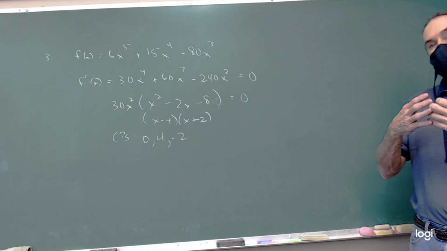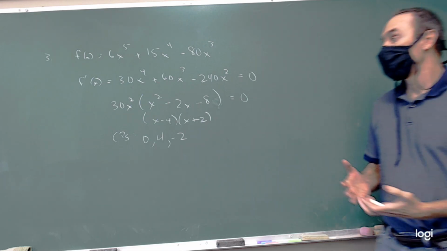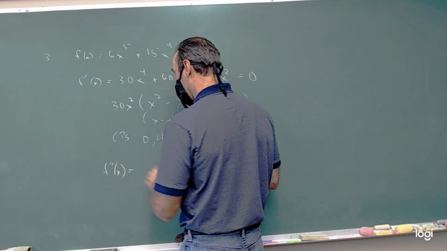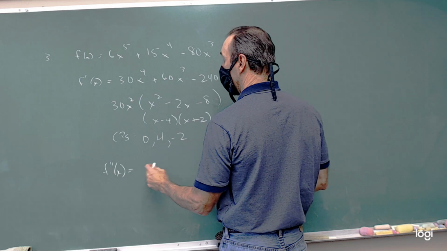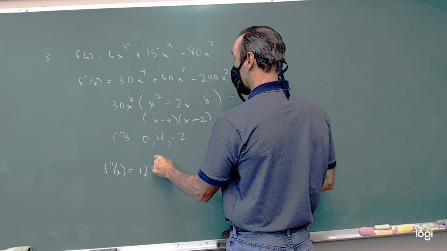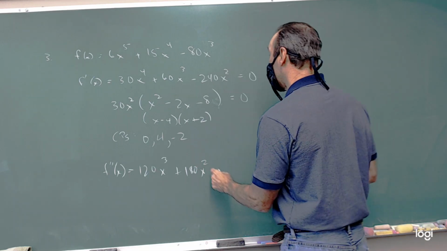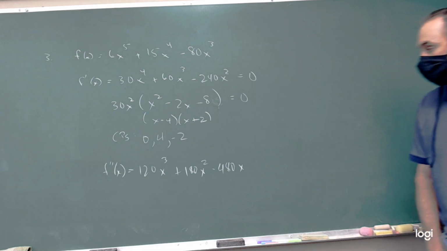So instead of doing the number line thing, which is the first derivative test, we're going to find the second derivative and then plug these points in there. The second derivative is going to be 120x to the third plus 180x squared minus 480x.